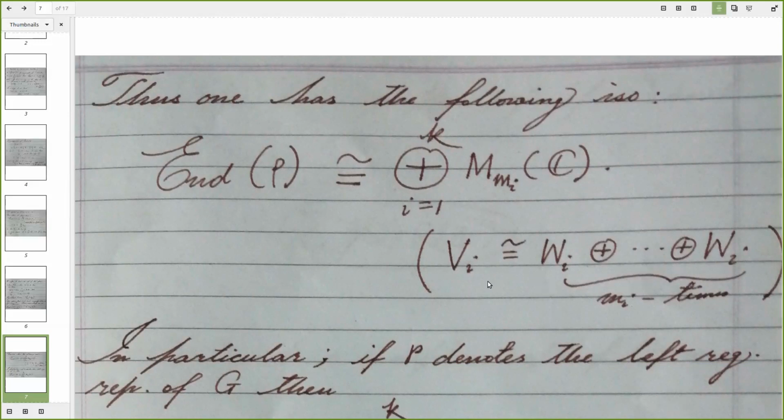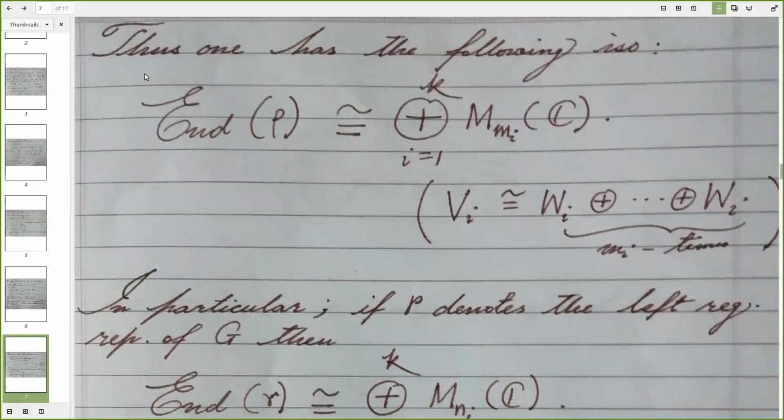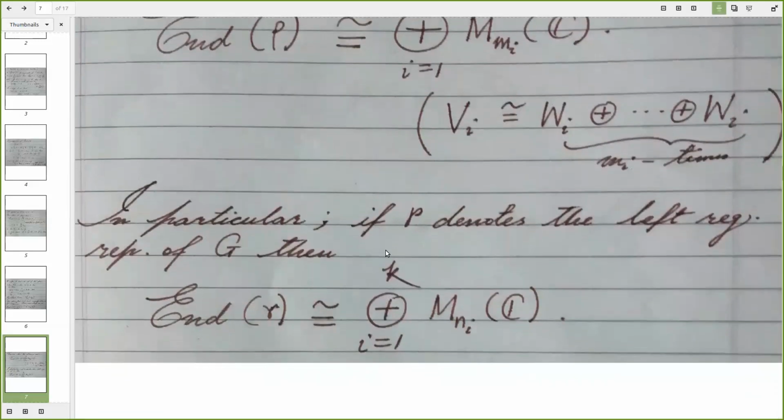In other words, Vi is isomorphic to the direct sum of Wi, m_i times. Okay, so this is the decomposition of the endomorphism algebra.